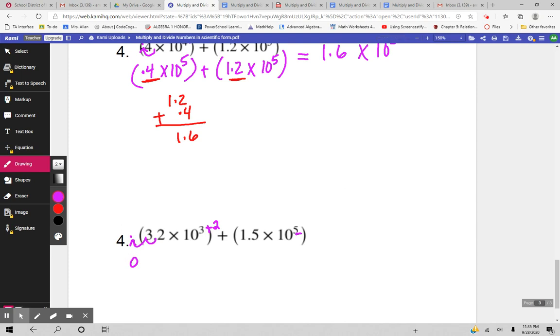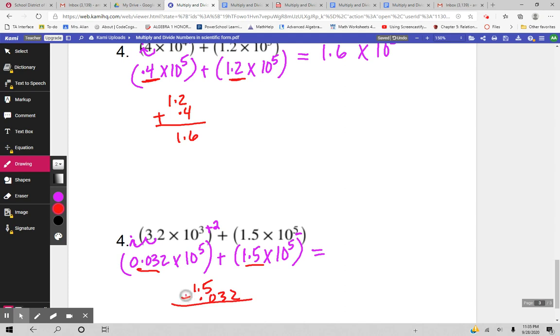So you end up with 0.032 times 10 to the 5th. All right, now you just combine these together. 1.5 plus, line up your decimals, 0.032, add them.